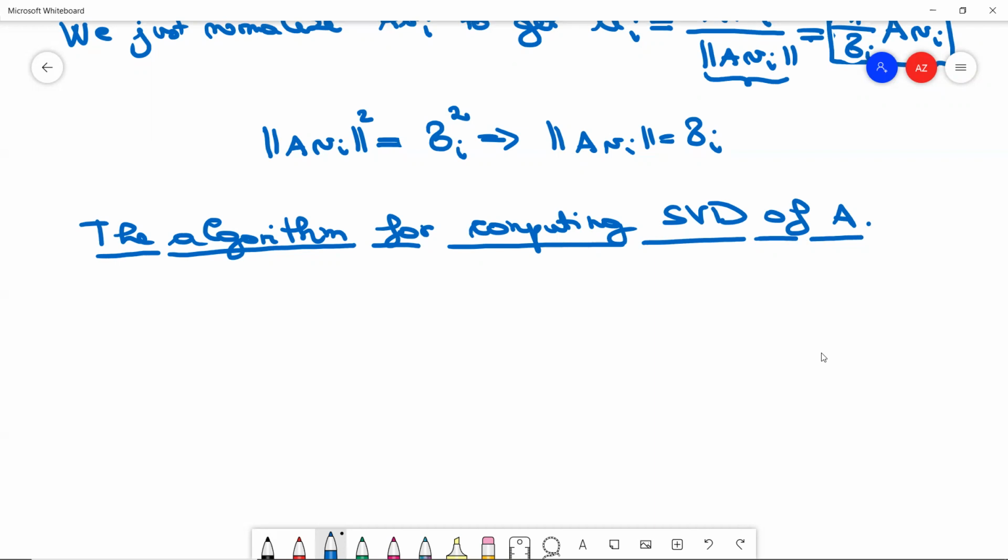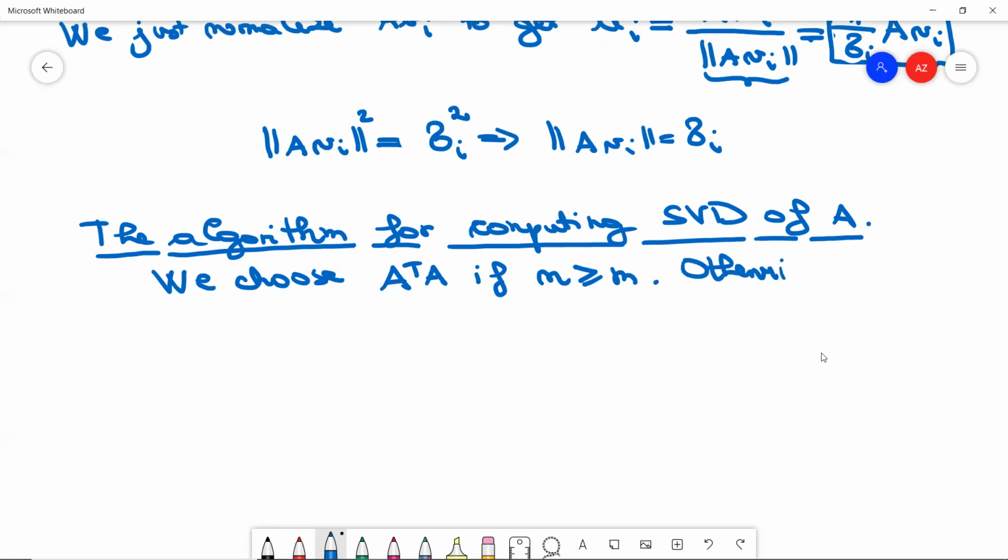So we choose A transpose A if N is bigger than M. Otherwise, A transpose. Why we do this?